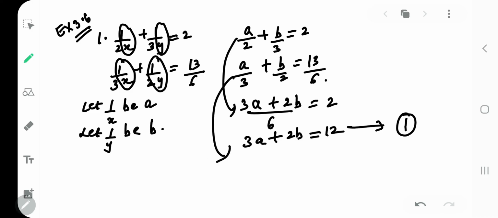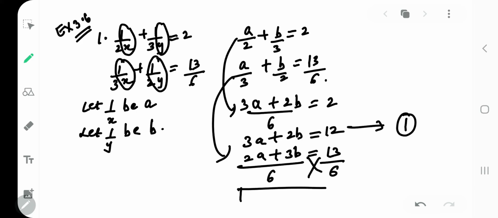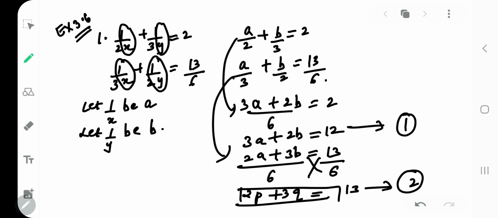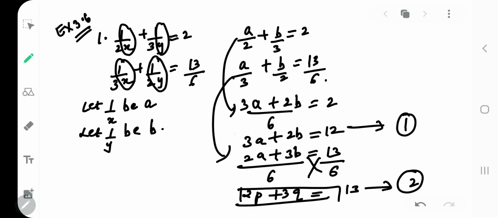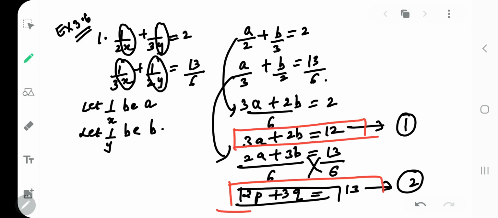And for your second equation also, take the LCM, cross multiply, and from there you will get a nice equation, that will be equation number 2. Now my dear kids, it's up to you how you solve these two equations. This is your first equation and this is your second equation. Got my point clear?